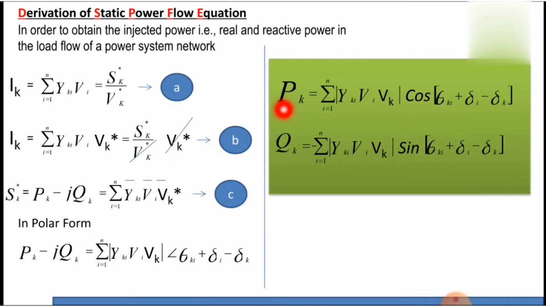That is finally the active power expression Pk is equal to sigma i is equal to 1 to n, the mod of Yki Vi Vk cos of theta ki plus delta i minus delta k. Why am I considering this minus here, delta minus delta k, that means we are having the conjugate here, that's why I am considering here the negative sign.